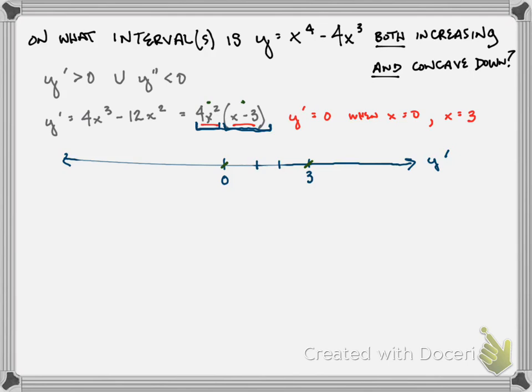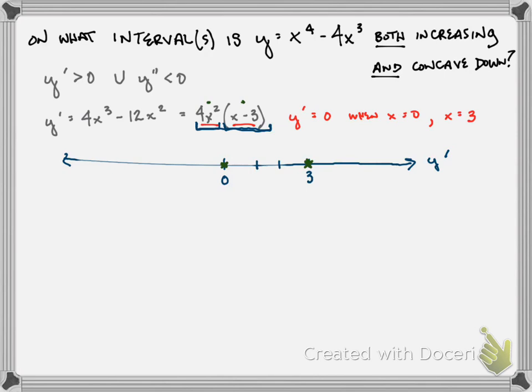So everywhere else the function is either going to have a positive derivative, in which case y would be increasing, or the function will have a negative derivative, in which case y would be decreasing. So I'm going to check around these values and use that information to determine where the function is increasing and where it's decreasing.